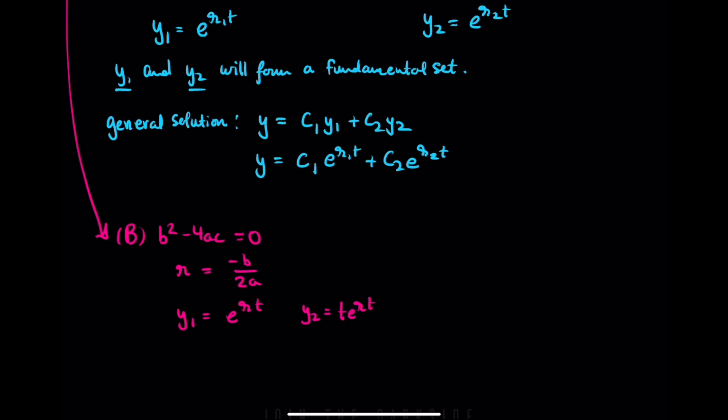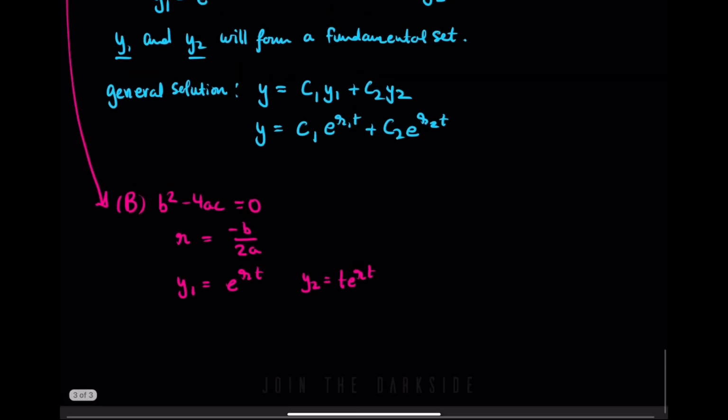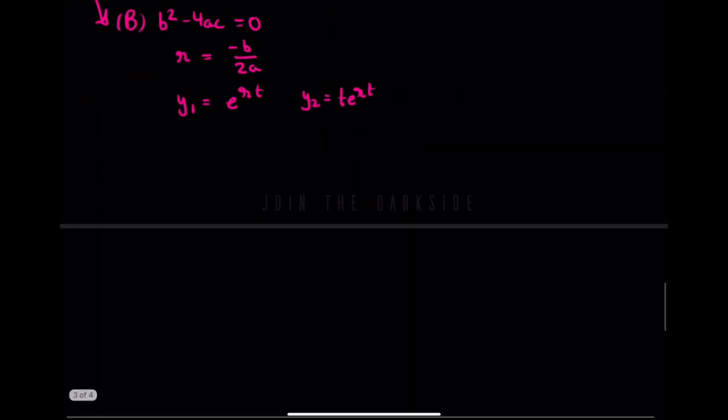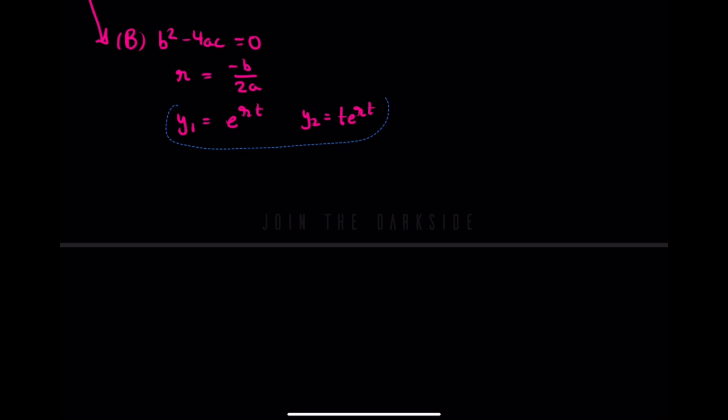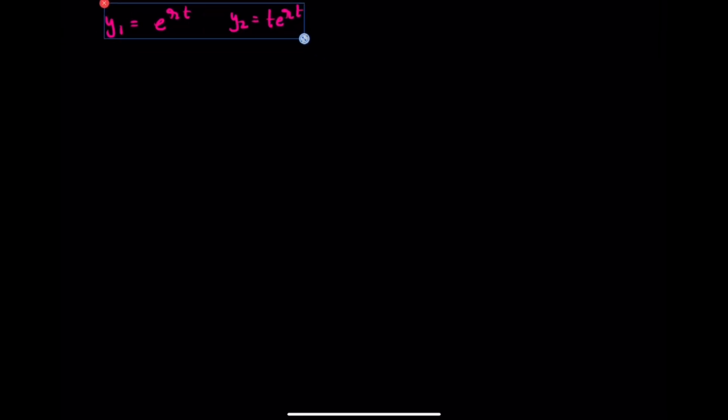If we use the Wronskian on this, we can see for ourselves that y1 and y2 do indeed make up a fundamental set of solutions, and therefore we can have a general solution that is a linear combination of y1 and y2.